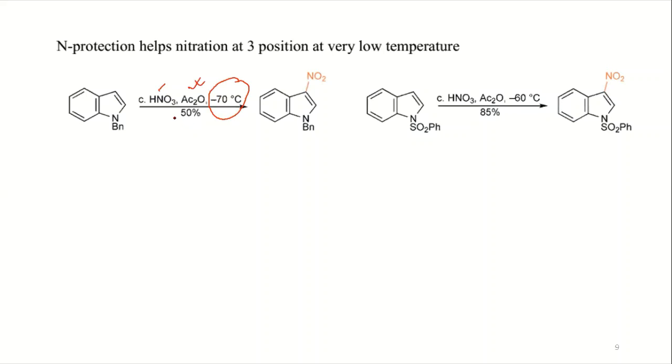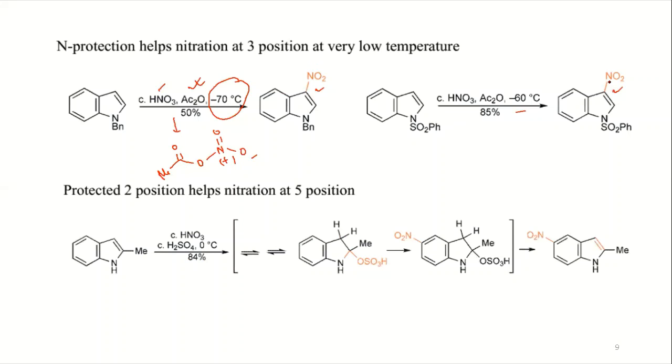Actually, in this case the anhydride becomes the corresponding nitrating reagent. Okay, so you will have this formation, and this will act as the nitrating reagent. So that will help do the nitration at the beta position. Here also the similar thing. If you look at the temperature, very low temperature, and you have nitration at the beta position. So this is also known.